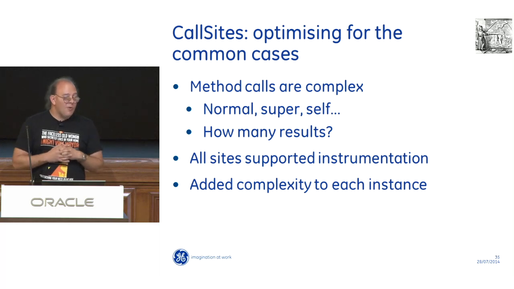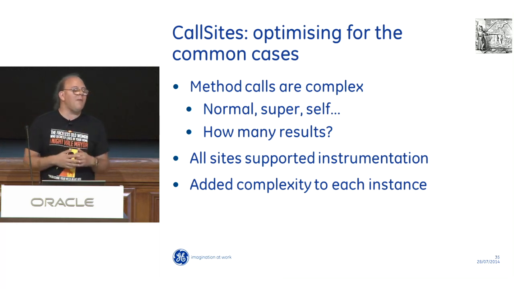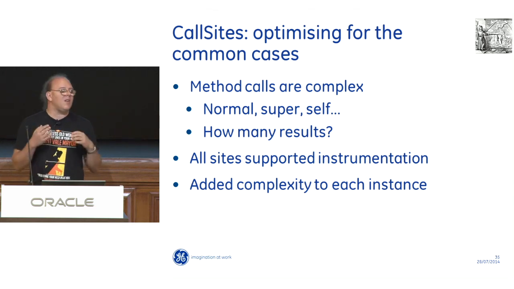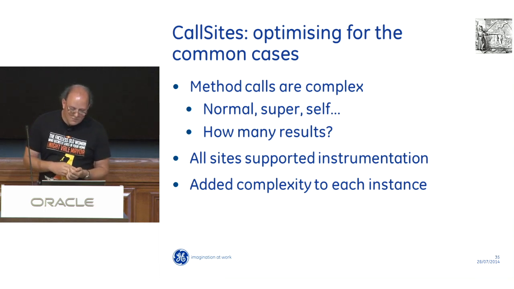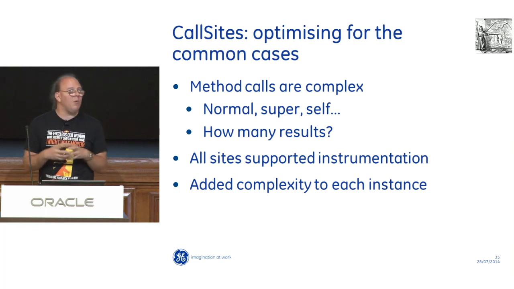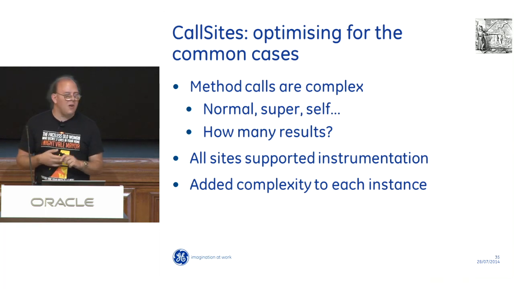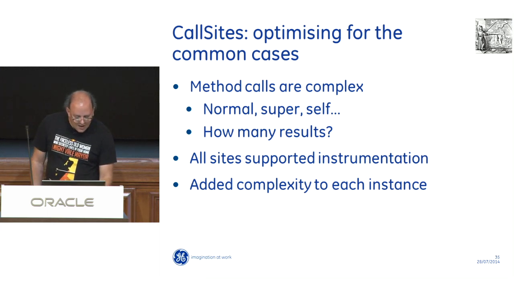Part of that refactoring of CallSites is going through all the common cases. Method dispatch is a bit complicated in that it's got whether you're dispatching on yourself, whether you're dispatching on superclass, and how many results you're wanting, one, many, or you're just going to pass them on to the caller, so you don't particularly care.